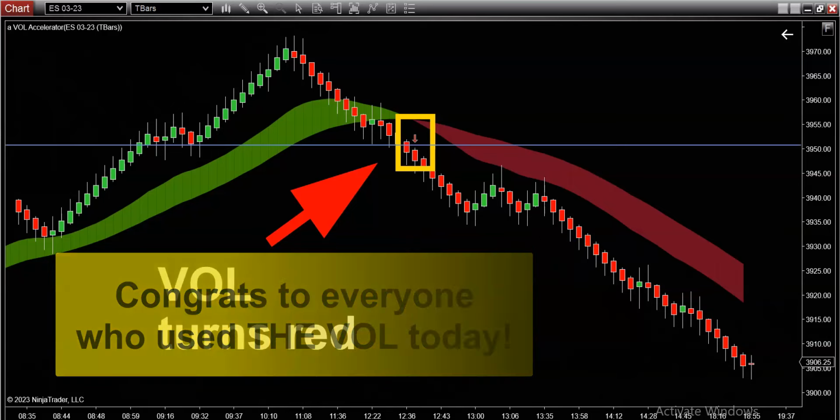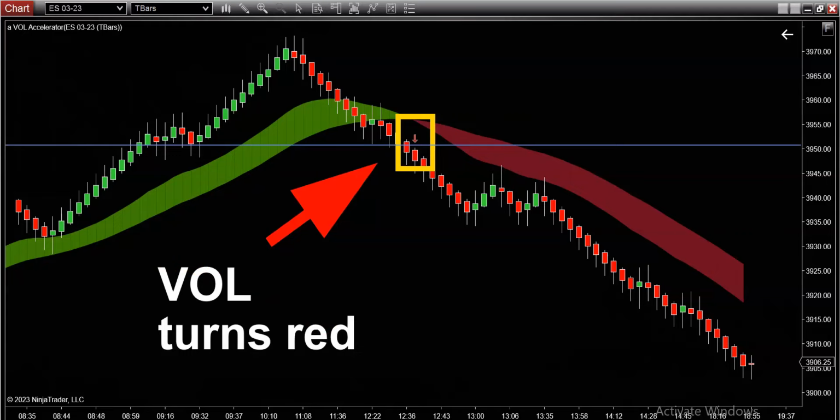When you get your hands on something so simple but so powerful, I firmly believe it can transform anybody's technical analysis. Congrats to everybody who was able to successfully catch this color change on the vol today, and I can't wait to see if we get the same setup tomorrow.